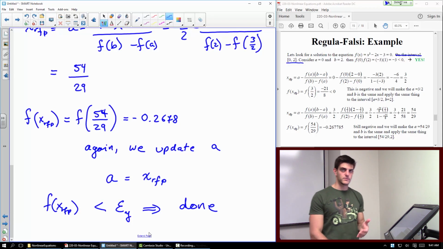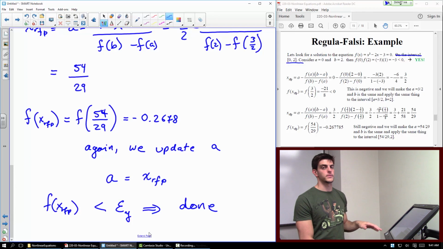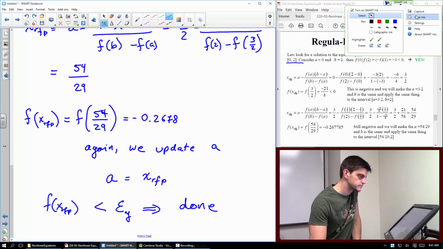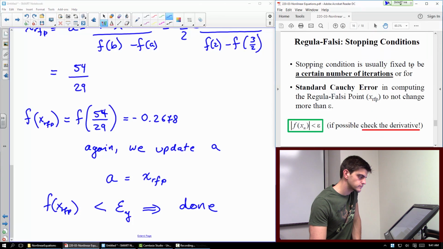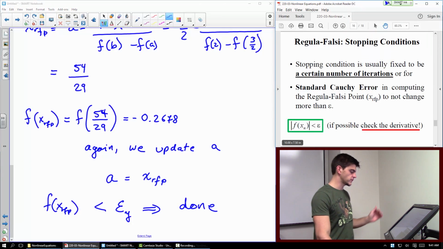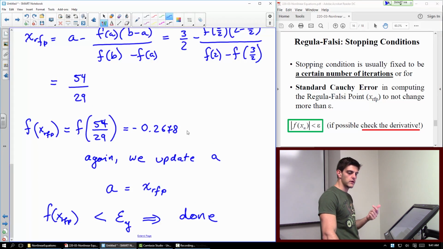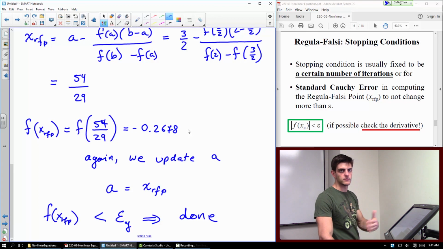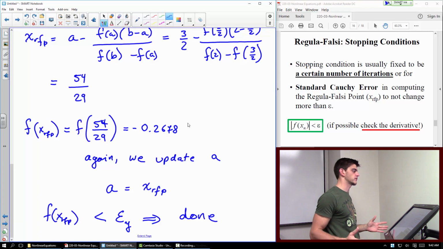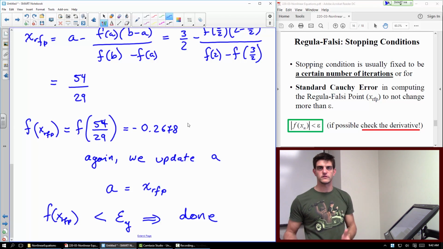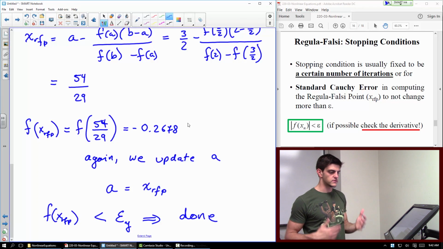Now, as I mentioned before, that's not the only stopping criteria. There are some others that we can take a look at. So other than just looking at the distance of your function from 0, you can also use a terminating condition where you just count the number of iterations, where you just stop the process after a certain number of iterations, because you think that if you haven't been able to do it in, let's say, 30 steps, then that means something else might be wrong.